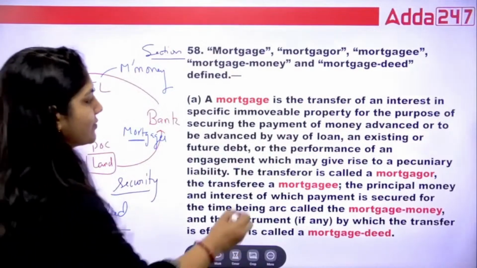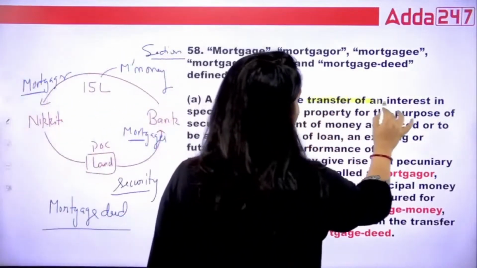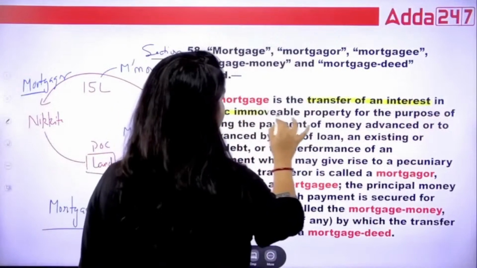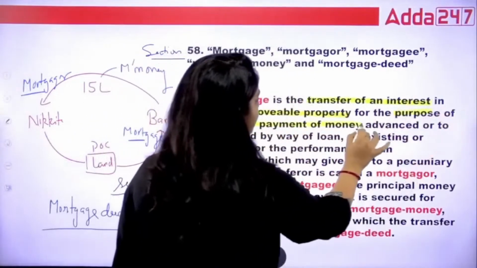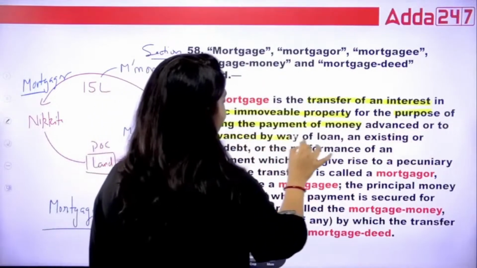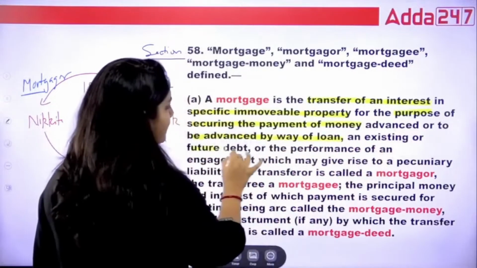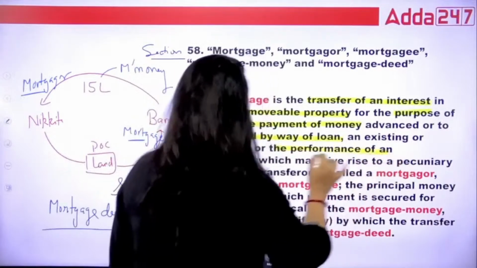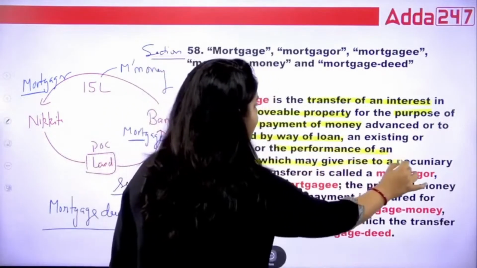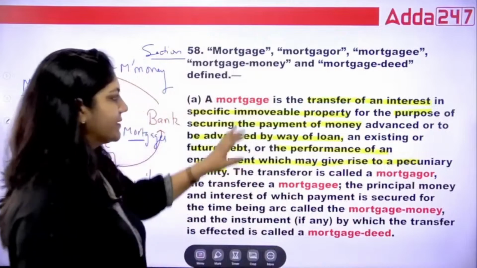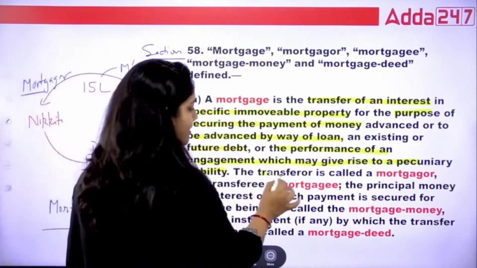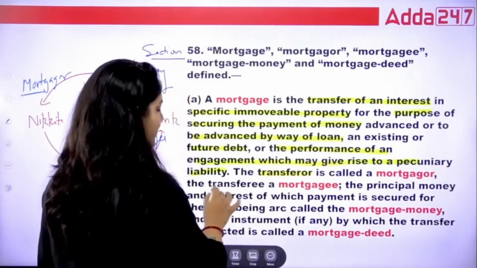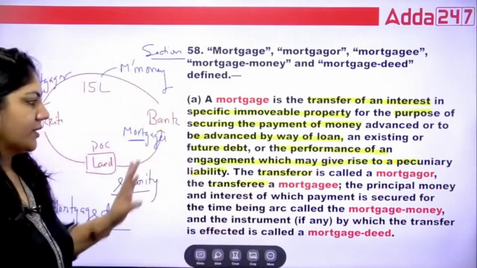Now, what is mortgage? As you can see, transfer of an interest in specific immovable property for the purpose of securing the payment of money advanced or to be advanced by way of loan, existing or future debt, or the performance of an engagement which may give rise to a pecuniary liability. This is called mortgage. What is mortgager? The transferor is called mortgager. The transferee is called mortgagee.